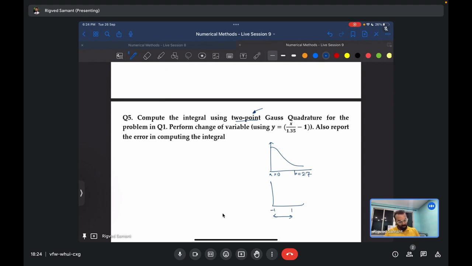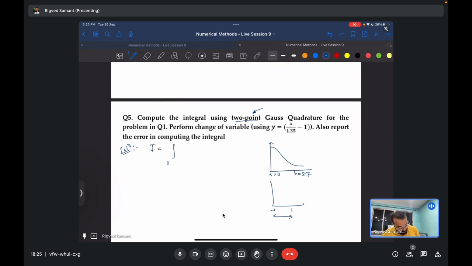And it has already been told to use y is equal to x divided by 1.35 minus 1 to change this. So it's already been told what to do, you don't even have to do that. So we'll just start with I. What is I?